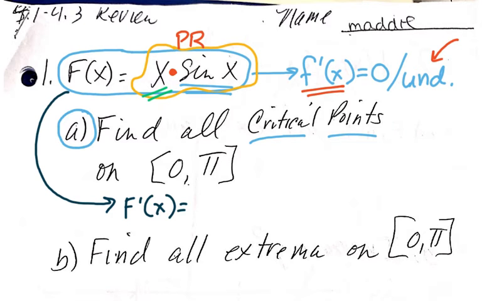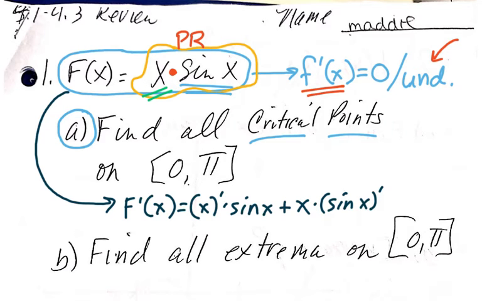Product rule says you're going to take the derivative of one of the friends, but keep the other friend, and then you add the switch. So we keep the first friend and we multiply by the derivative of the second friend. Okay, so derivative of the first times just the regular other part plus, then you switch, then you keep the first part of the function and you take the derivative of the second part.